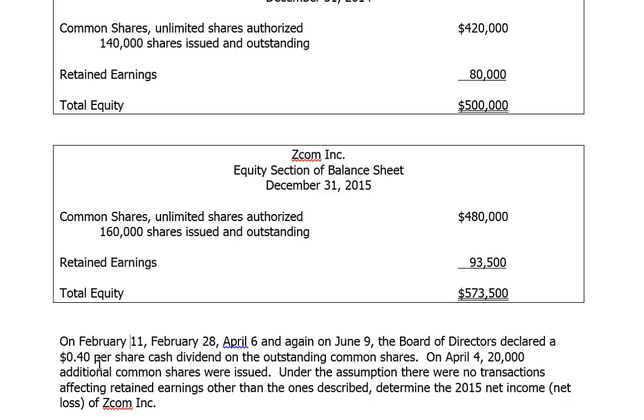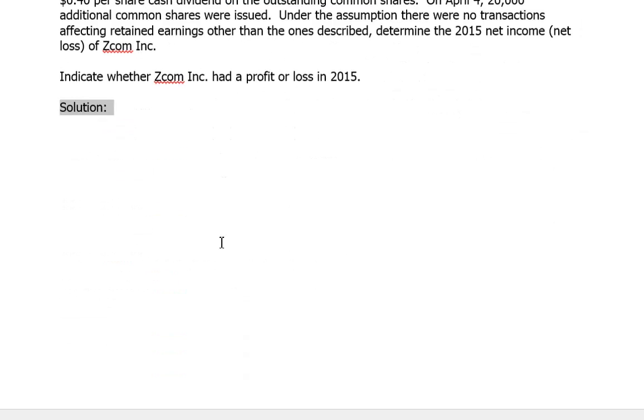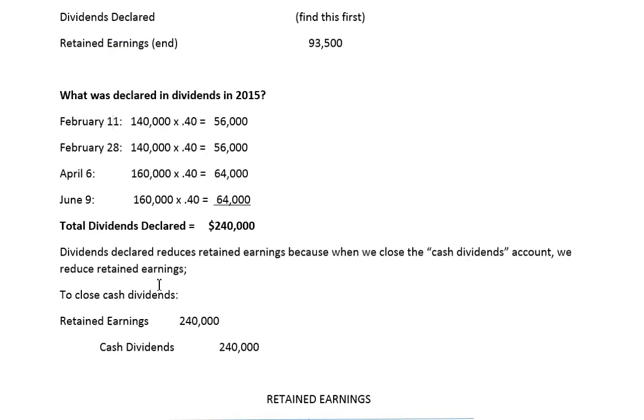So the 40-cent per share cash dividend was only on the 140,000 shares, which means the dividend declared was $56,000.